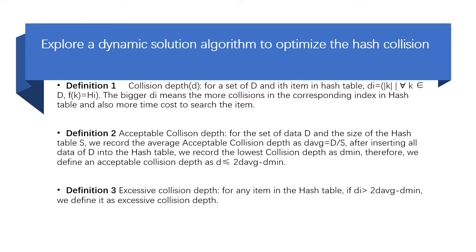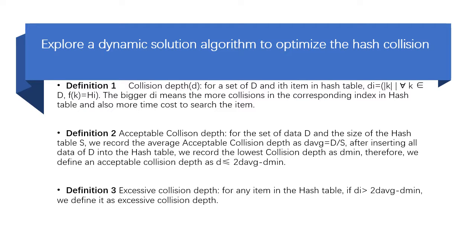So we record the number of collisions. The bigger Di means the more collisions at the corresponding index in the hash table, and it also results in more time cost to search or insert items.